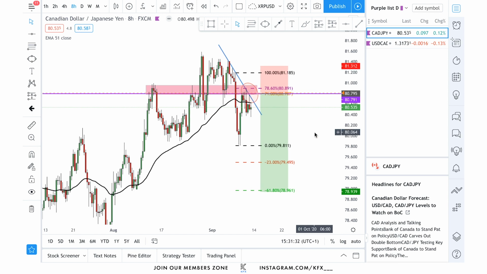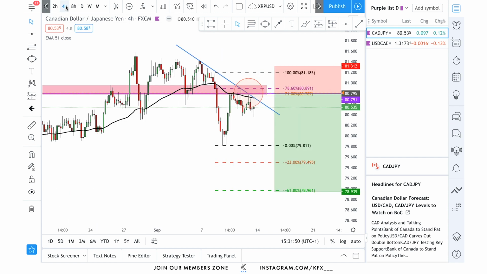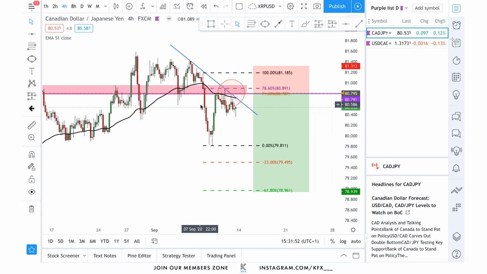We have a descending trend line, we have our golden fib zone, we have the 8-hour EMA, we have candlestick rejection, and we also have it around that psych level 81, so that's 5 confluences to take a trade here. We don't just take it off support resistance, or just the EMA, or just off structure, or all that kind of stuff.